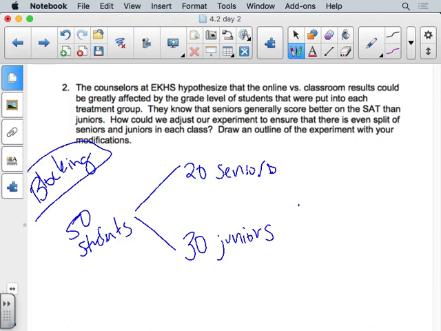That wasn't random. I want to split because I think there's a difference between the two. So I split them, and that's called blocking for an experiment. Strata for sampling, blocking for experiment.